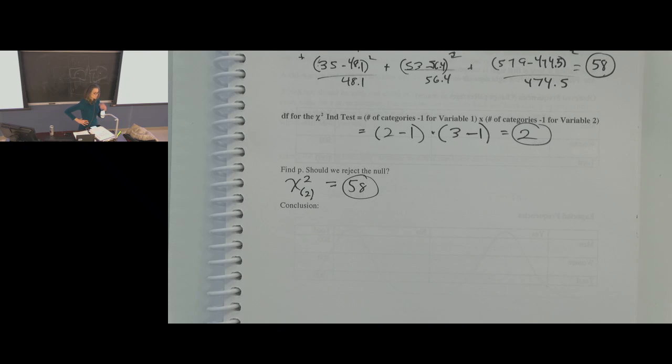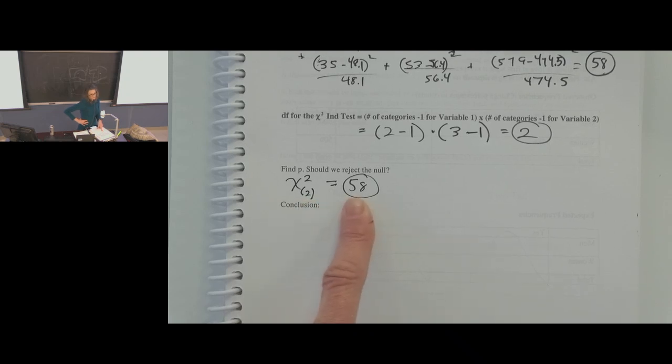We're going to look at that more, but it's centered at its degrees of freedom, so it should be about 2 when the null is true. And we got 58. That's going to be very significant. Let's check it out on our computer. Here we go.